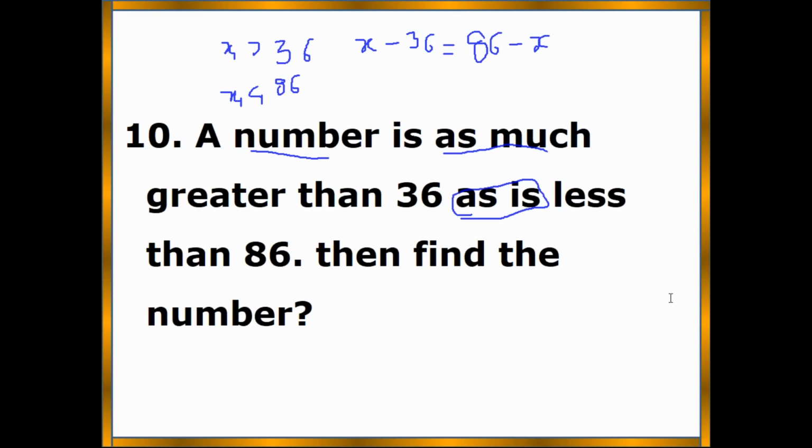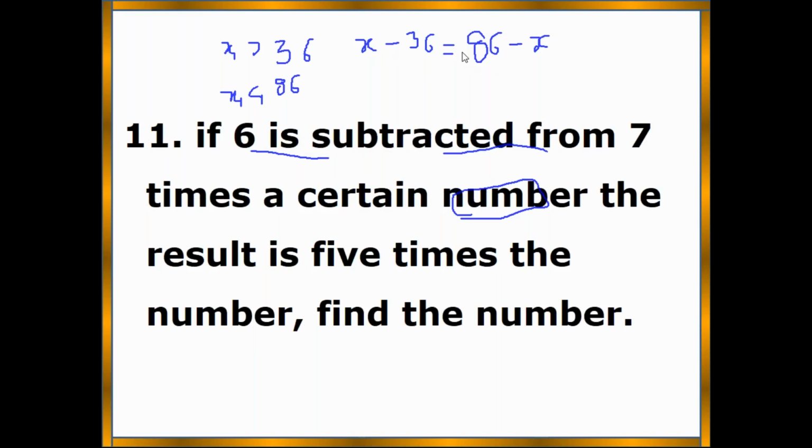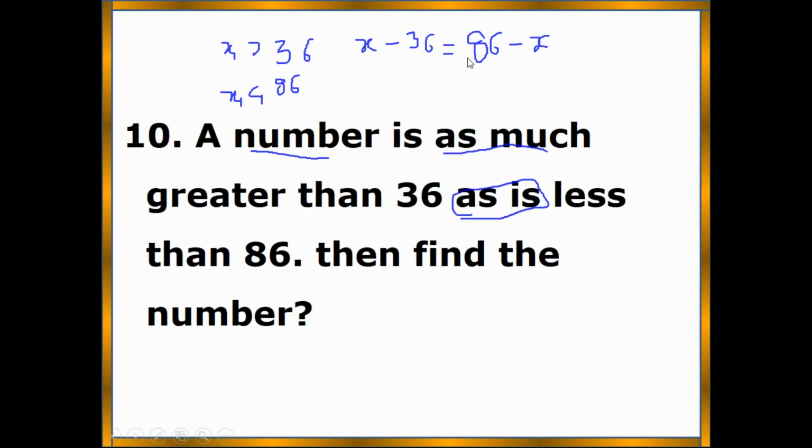x minus 36 is equal to 86 minus x. Hope all of you understood the equation and how to get it. If you simplify, x plus x, 2x, is equal to 86 plus 36, nothing but 122.